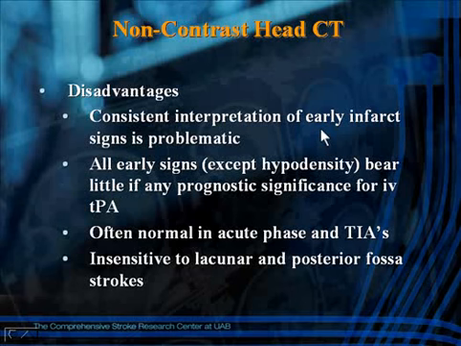These are often vaguely defined, like 1/3 of the MCA territory, or what would you call certain changes in tissue besides hypoattenuation, besides hypodensity. That's what I would like to stress: all early signs except hypodensity bear little, if any, prognostic significance for IV TPA within 3 hours of symptom onset.